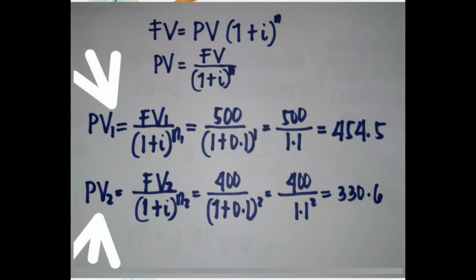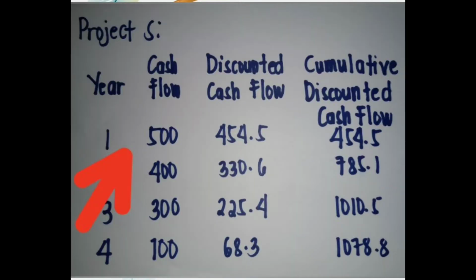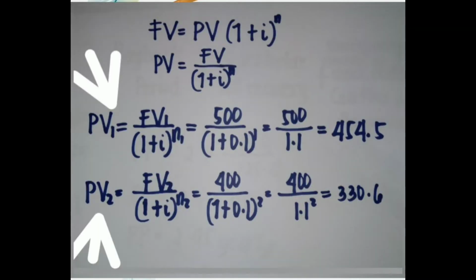We will only solve two present values, year 1 and year 2, because the same formula is used for years 1, 2, 3, and 4 to find each discounted cash flow. So, PV1 is equal to FV1 over 1 plus i raised to n1. The future value in year 1 is 500, and we divide it by 1 plus 0.1 raised to 1.